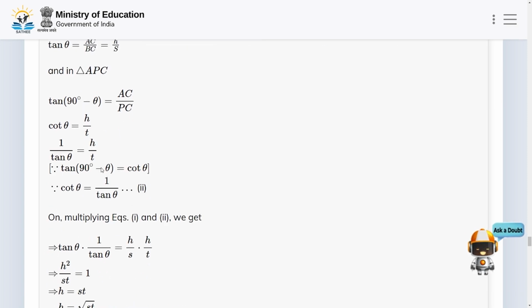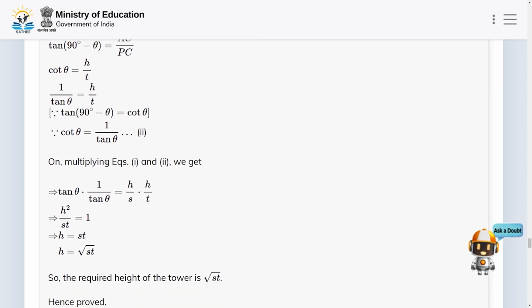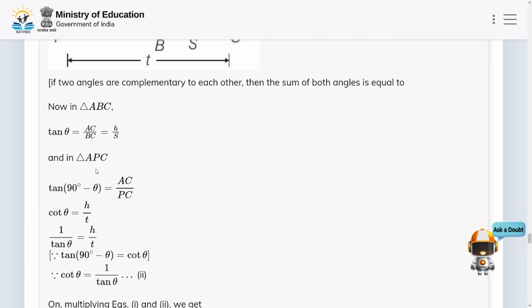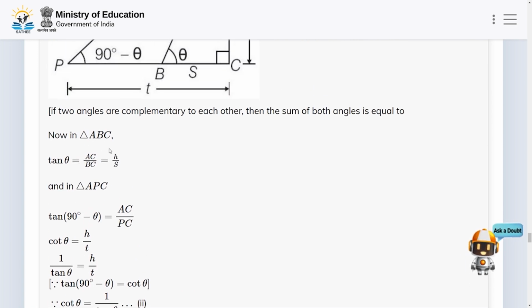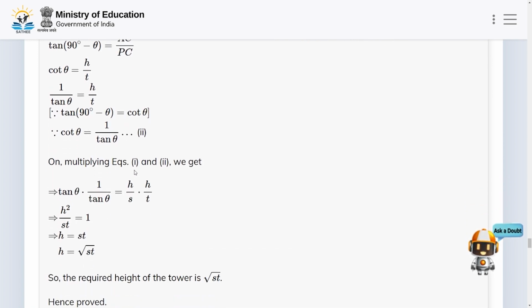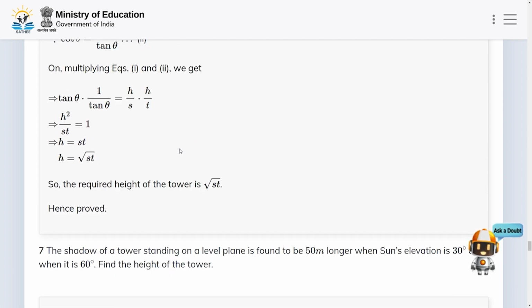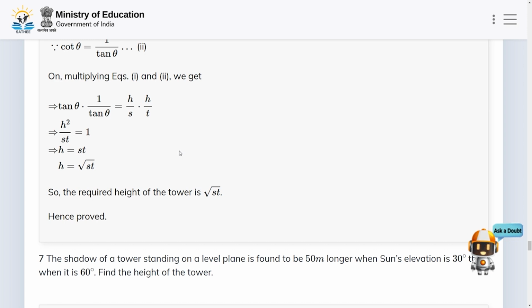Since tan of 90 degrees minus theta is equal to cot theta, and cot theta is equal to 1 by tan theta, multiplying equation 1 and 2, we get tan theta times 1 by tan theta is equal to h by s times h by t.